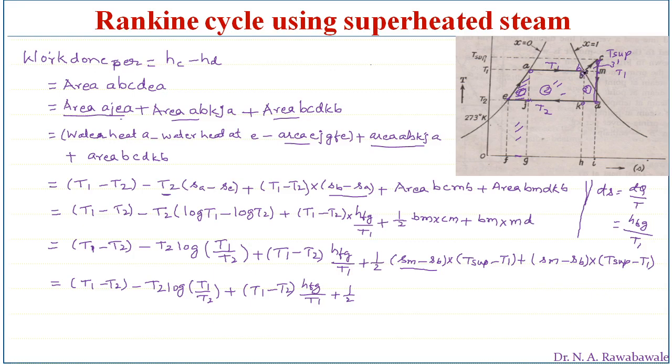Sm minus Sb can be given as the entropy in the superheated region, Bm, given by Cps log T sup divided by T1.